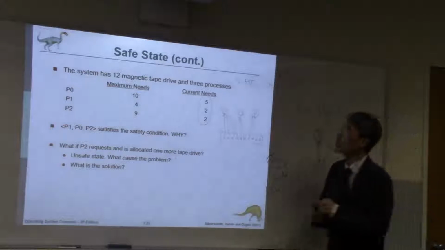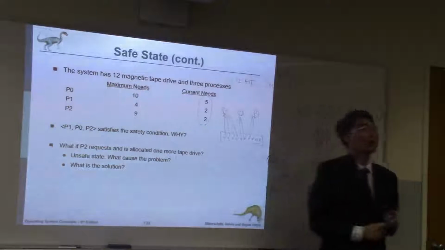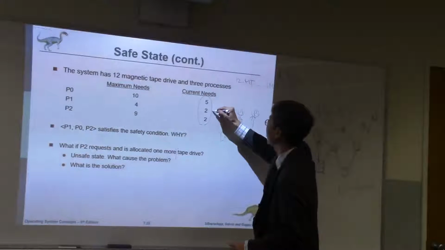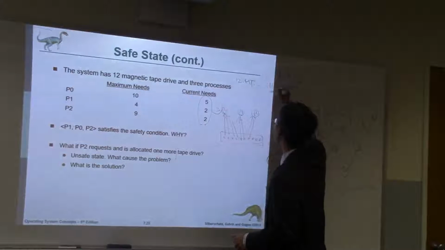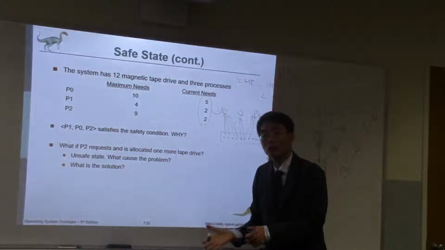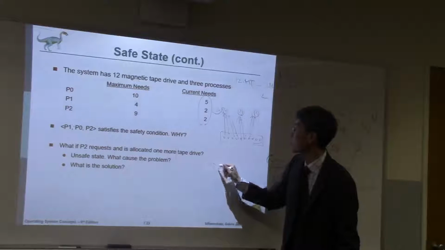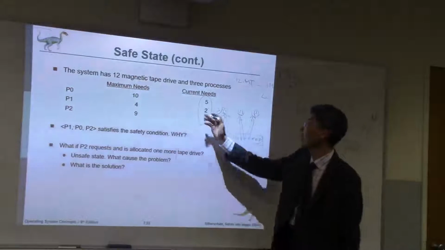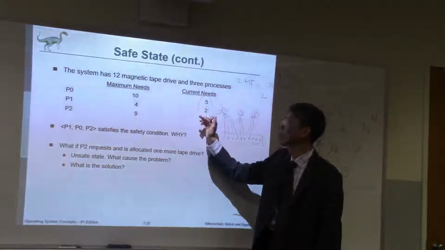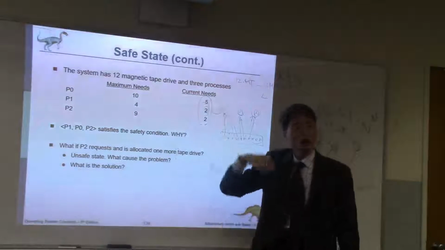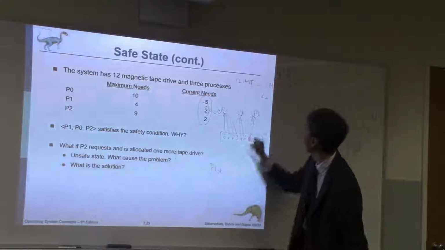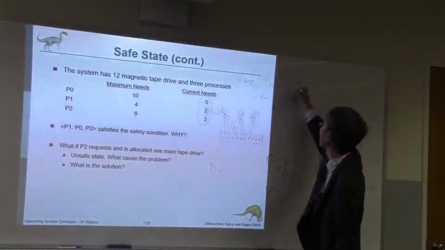Okay, then which process can be terminated first? P1, because P1 needs only 2 more, which is less than available. So P1 can be terminated first. After P1 is terminated, it returns its 2 held resources, which means a total of 5 available.